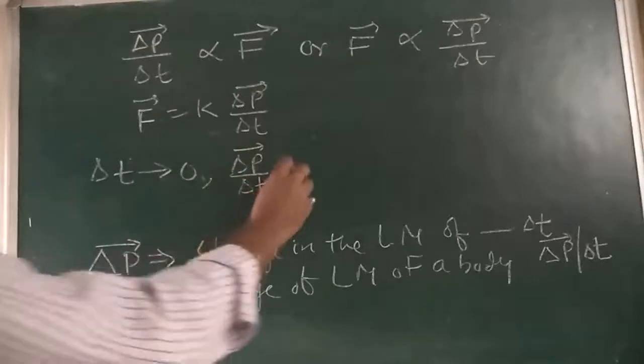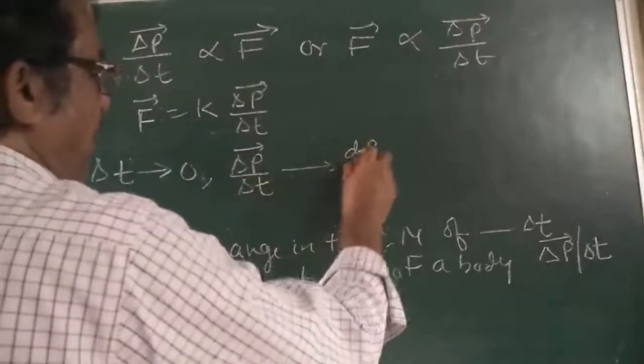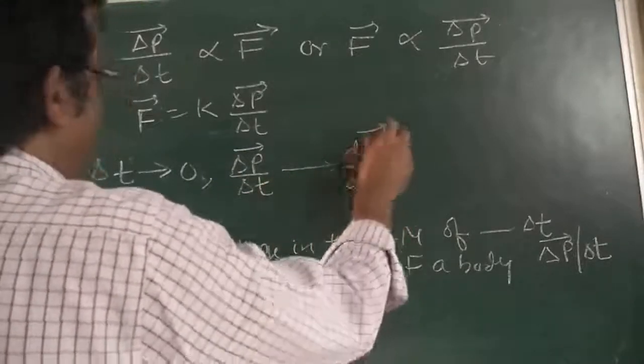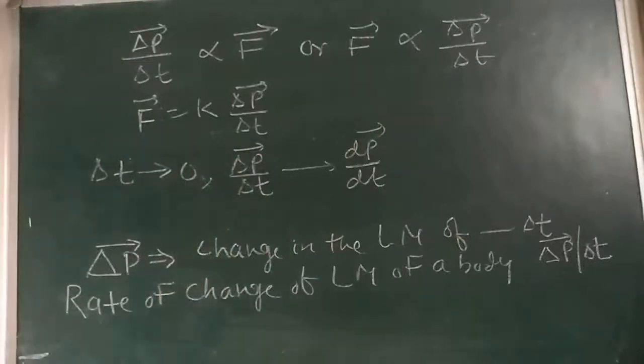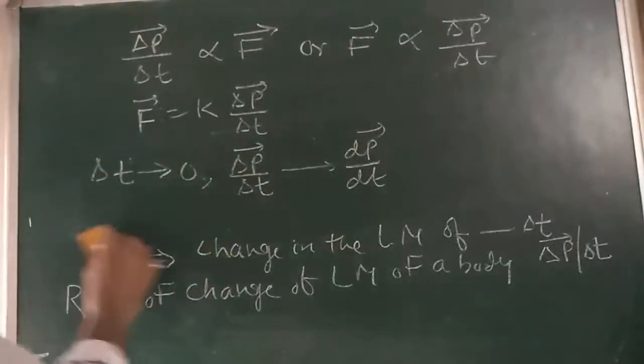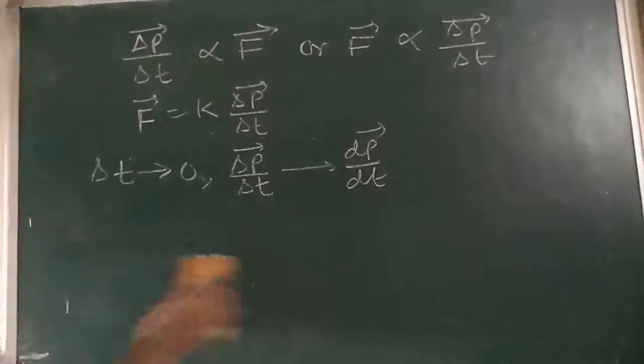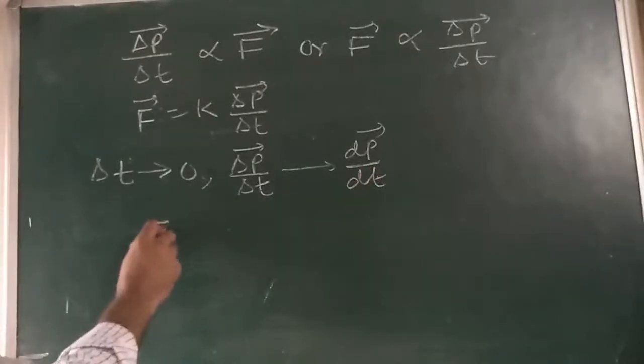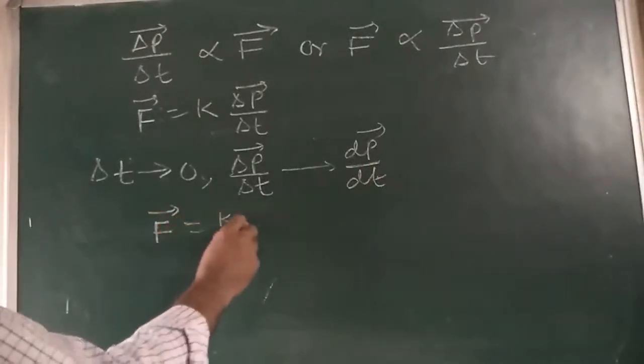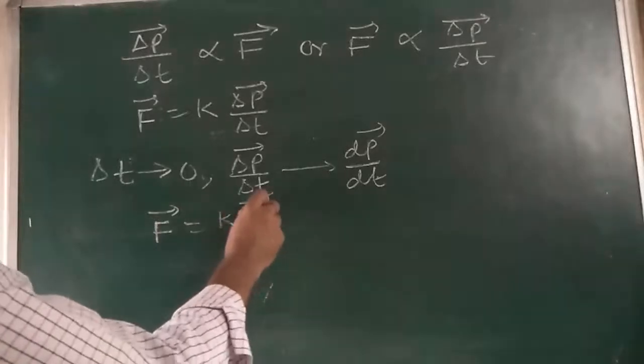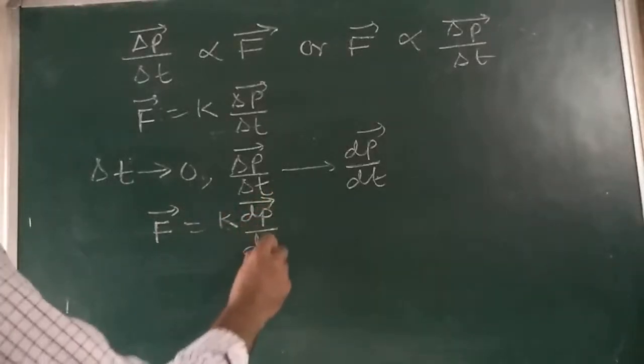So it is denoted by dp by dt when delta t is tending to 0. So I can write here F is equal to K dP by dt.